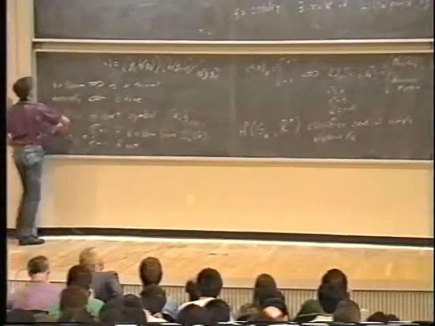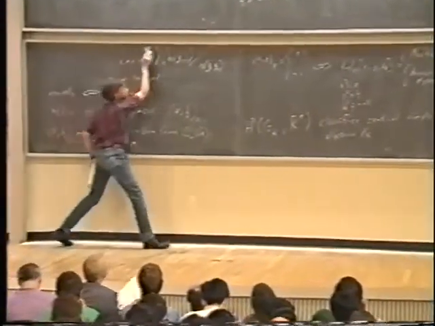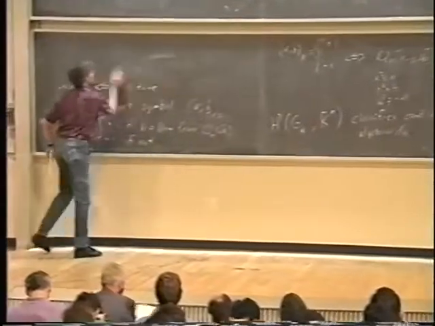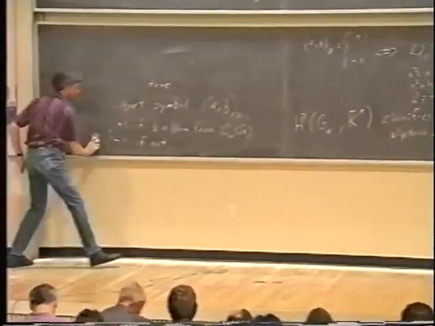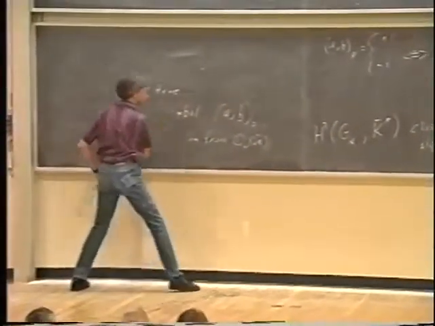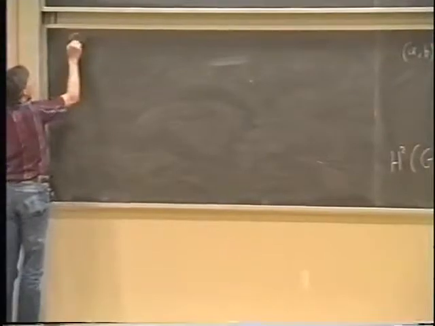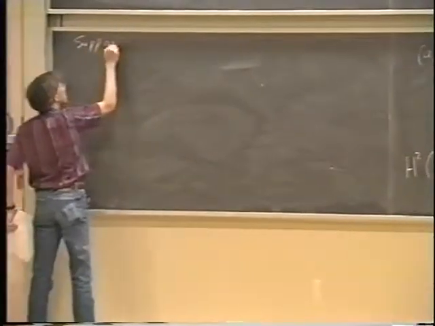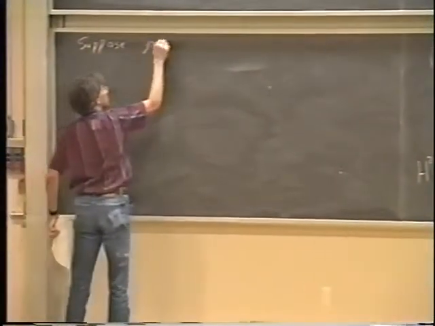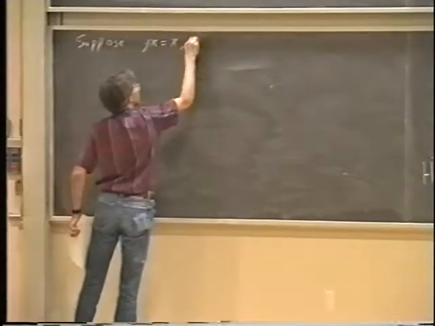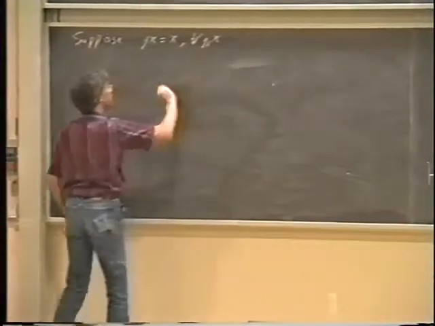So that's the first case we'll look at. Let's suppose gx equals x for all g and x. So that's just trivial action.